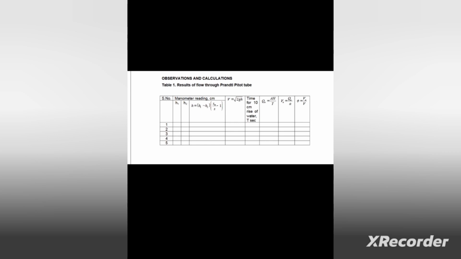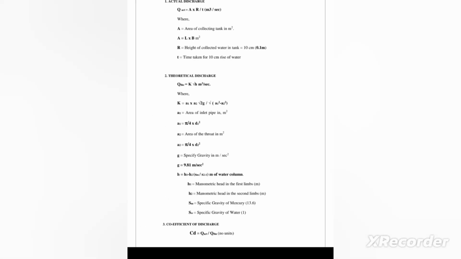After identifying those two things, we are going to identify the Q actual. For that, we use the formula Q actual is equal to A into R divided by T. Here the area is the area of the pipe as seen before. For that, we take the diameter and calculate the area.